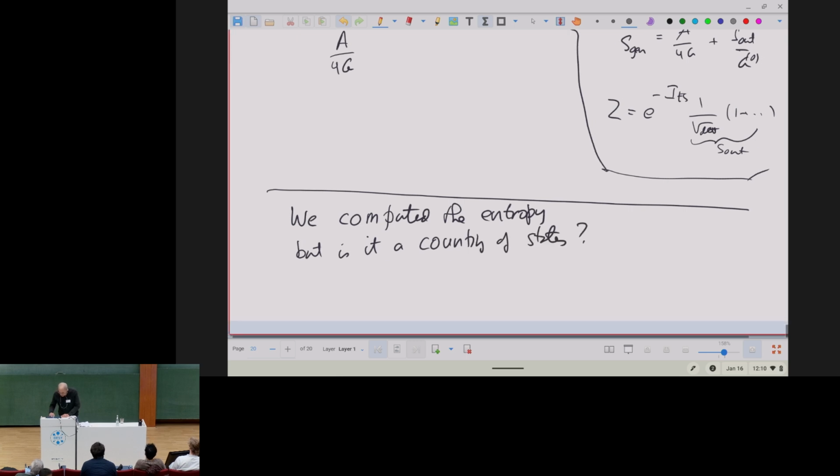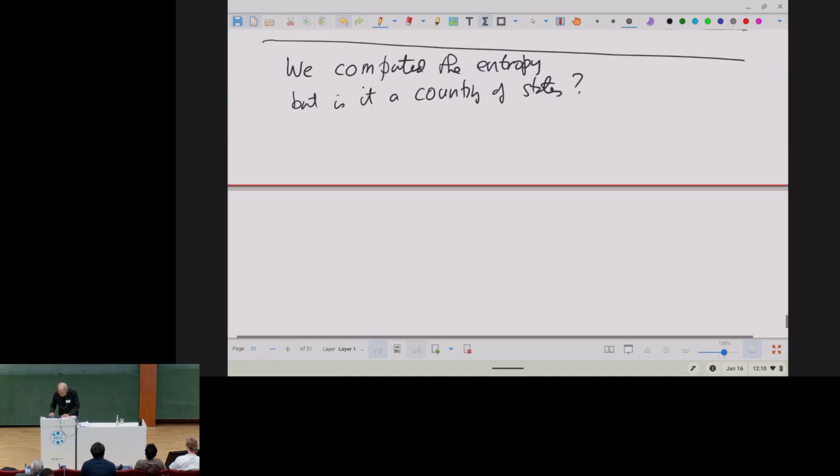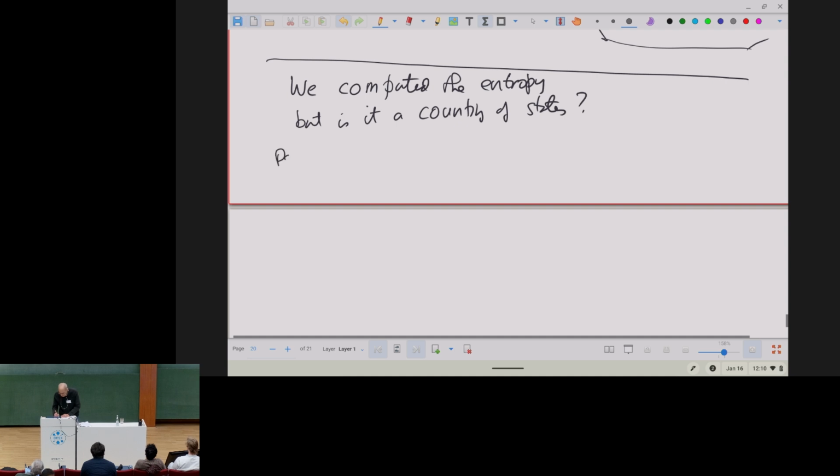The answer to that question is presumably yes, because black hole thermodynamics works. But it's definitely not obvious why. And you could consider that as one way of stating the deepest mystery in the subject.